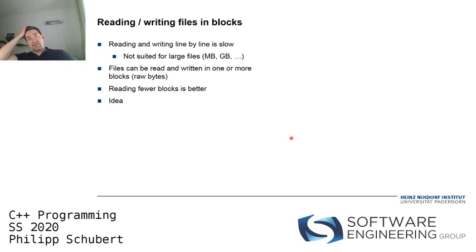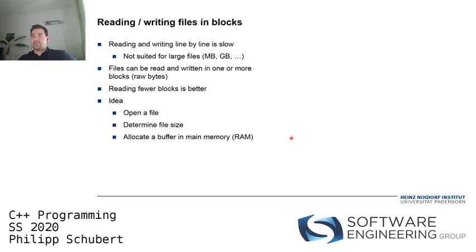The overall idea is, in the case that we open a file, that we determine the size of the file, and that we allocate a buffer in the main memory, because once we have data in the main memory, we can actually perform computations with it. So the idea is: determine the file size, allocate some buffer in the main memory, in the RAM, random access memory. Then we read the data from the file into that buffer.